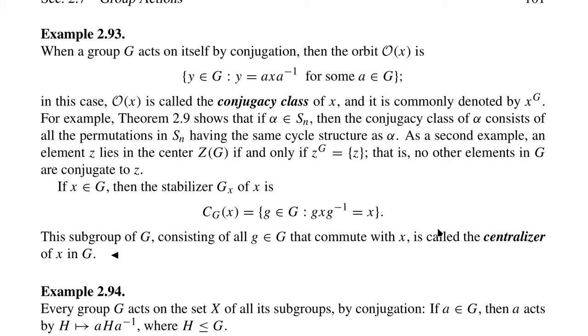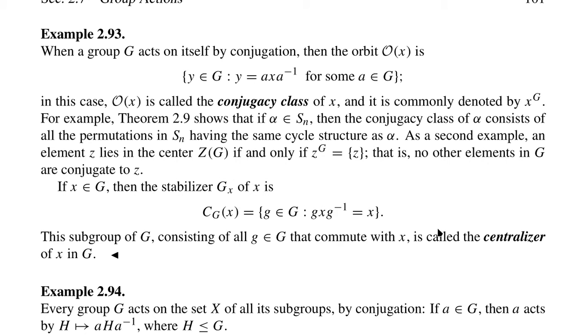Indeed, as we've looked at in some previous theorem, if you take an element alpha from Sn, then the conjugacy class of alpha is going to consist of all the permutations in Sn that have the same cycle structure as alpha.